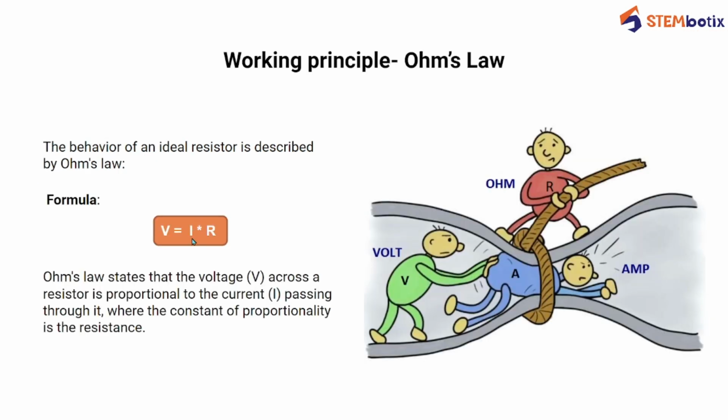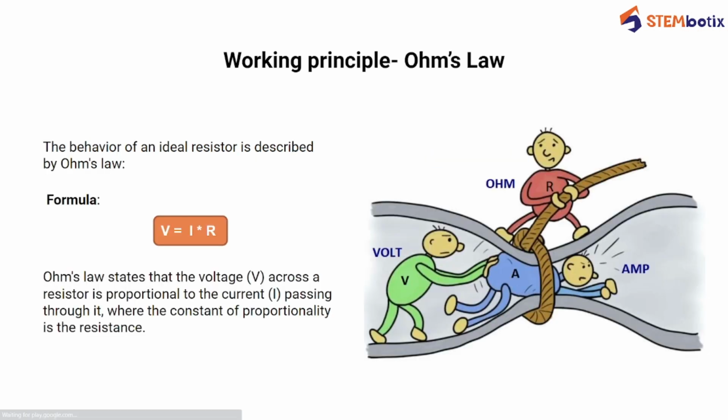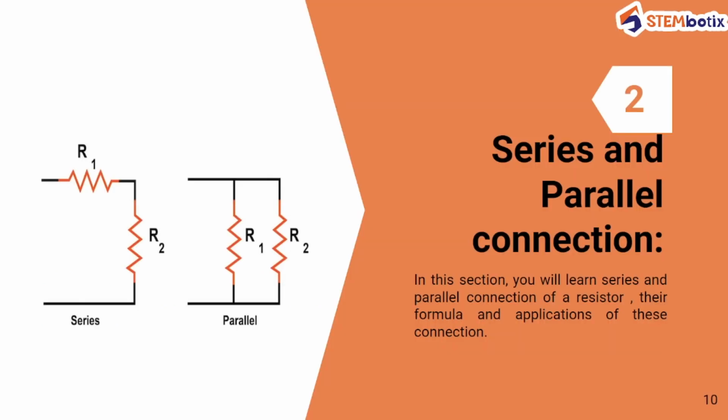From this equation you can determine the current, which is V divided by R. So 12 by 300 gives 0.04 amperes. This much current will flow through that resistor. So this was a simple sum representing V equals IR.